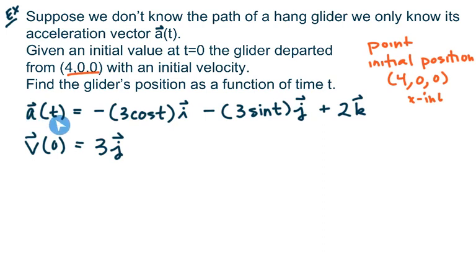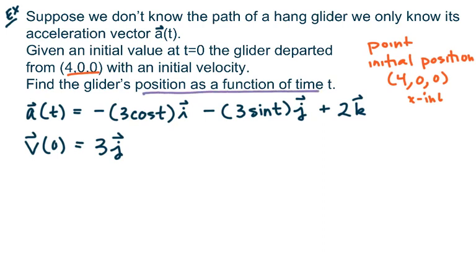First, we're presented with our acceleration function, negative 3 cosine t i minus 3 sine t j plus 2k. And an initial velocity, the velocity at t equals 0, is given by the vector 3j. So let's find position as a function of time.